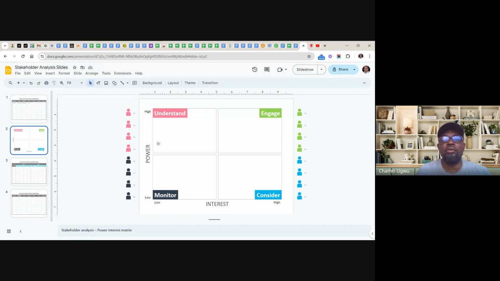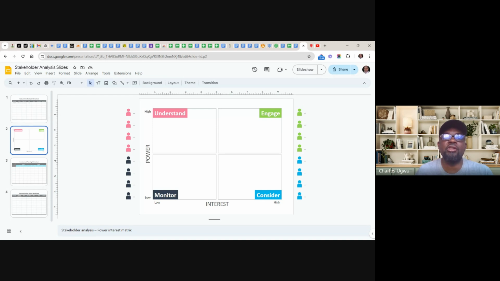The stakeholders higher or on top are the stakeholders with high power. You see high here and you see low here. Under these powers, this is high power, this is low power.